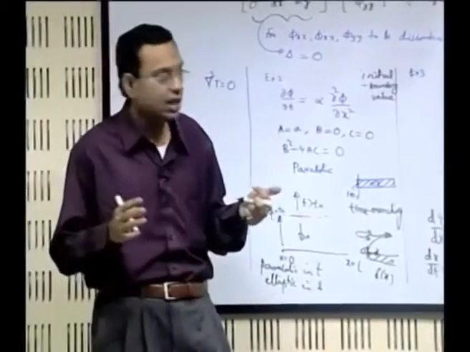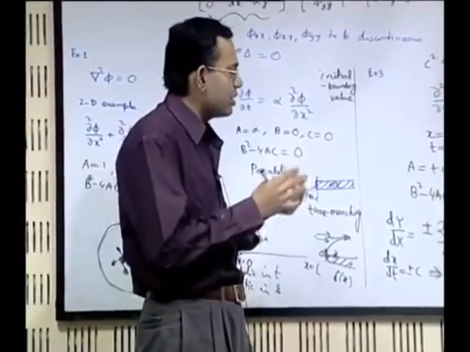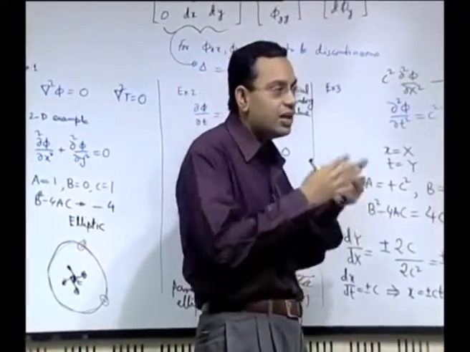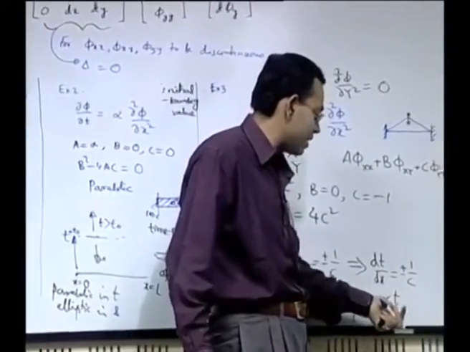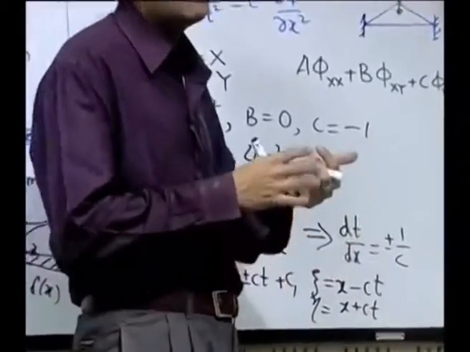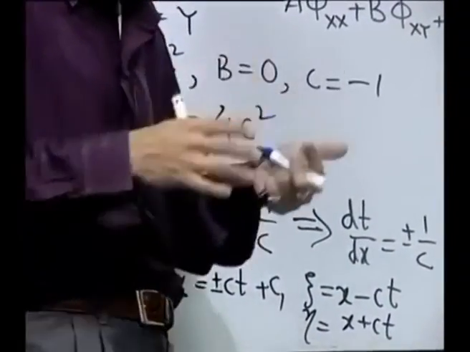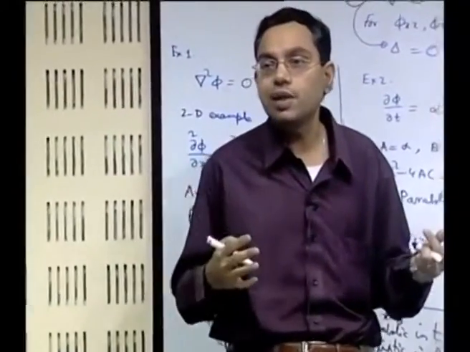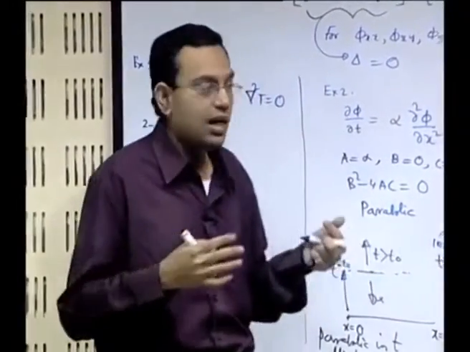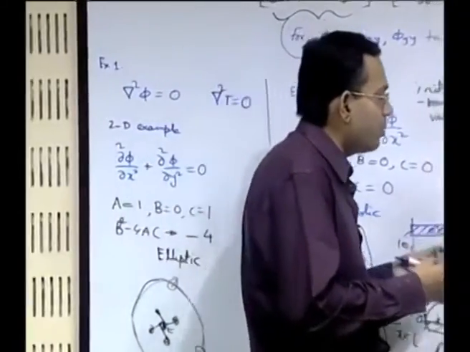The characteristic not only shows the possibility of discontinuities across certain lines. So across the family of lines x minus ct and x plus ct, there can be possibilities of discontinuities. In the next class we will see through examples how such discontinuities may be physically originating and how that relates to the physical property of these equations.